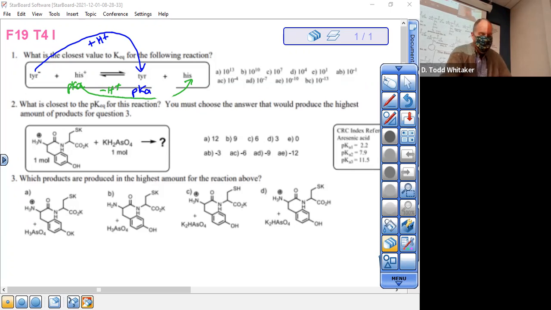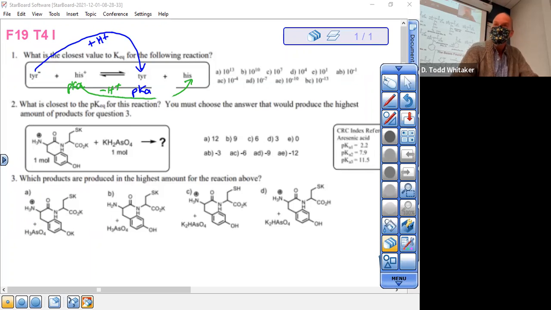Now, if you're saying, hold on, Dr. Whitaker, I know another way to make histidine +1. I'm going to put a proton right there. Yeah. Mission accomplished, but you totally forgot the rules of pKa. You're not living in reality. We must live in reality. This will pick up a proton first.